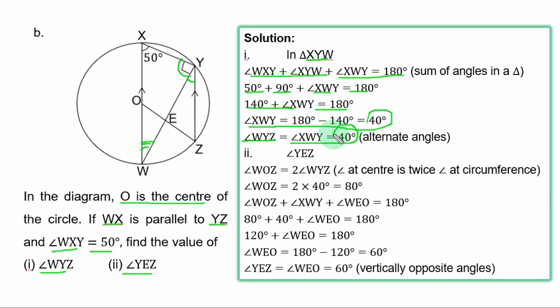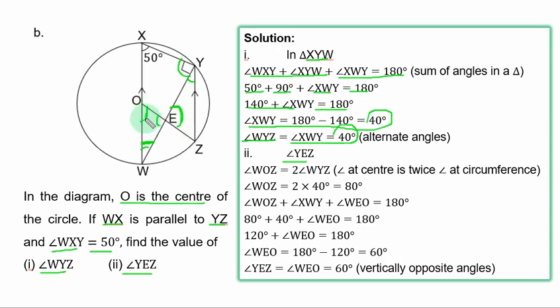Alternate angles. Roman figure 2, find angle YEZ, that is this angle YEZ. Now already we know this angle. Now if we get this angle, we can get this angle that is equal to this angle.